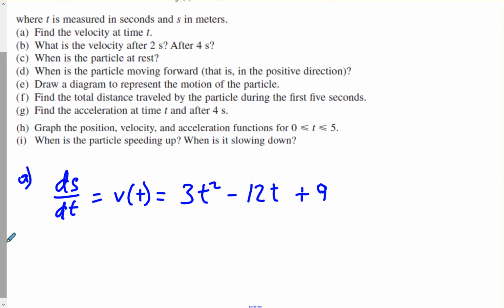What is the velocity after 2 seconds? After 4 seconds? If we're finding velocity after 2 seconds, that means we're going to do v of 2. So take our velocity function, plug 2 in.